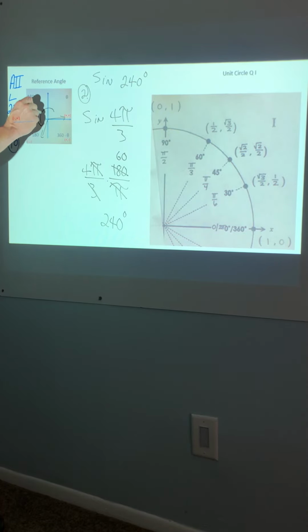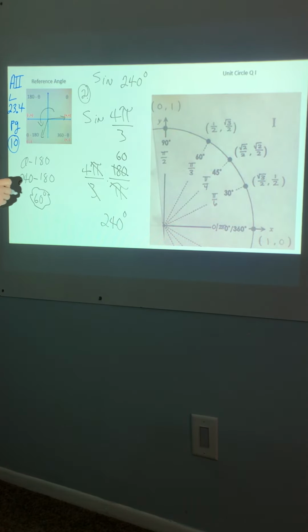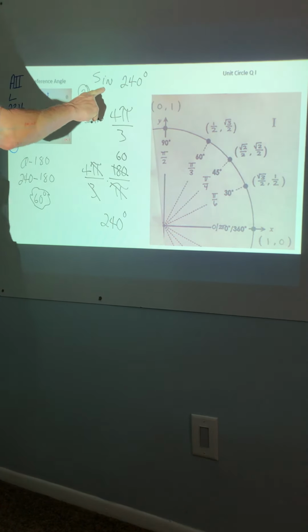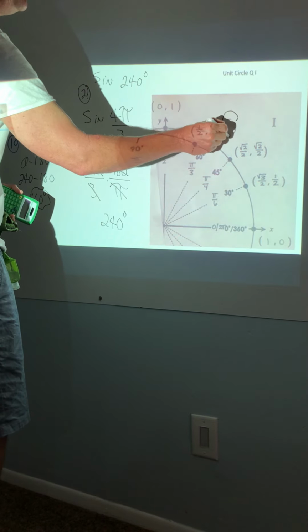Again, we're in quadrant 3. I picked another quadrant 3, but that's okay. Now you grab theta minus 180. You go 240 minus 180, you subtract that, you get 60 degrees. You refer back to quadrant 1. This is the reference angle, and for 60 degrees, I'm looking for sine, which is the second number.